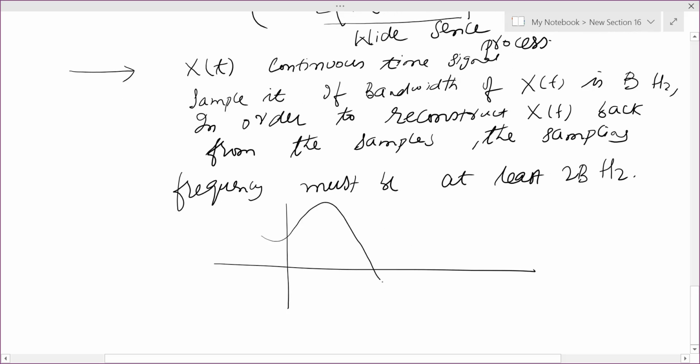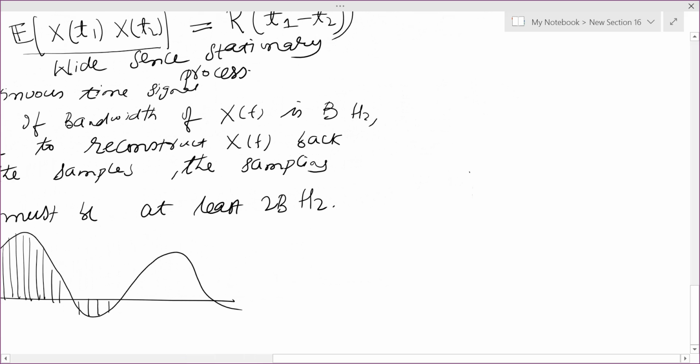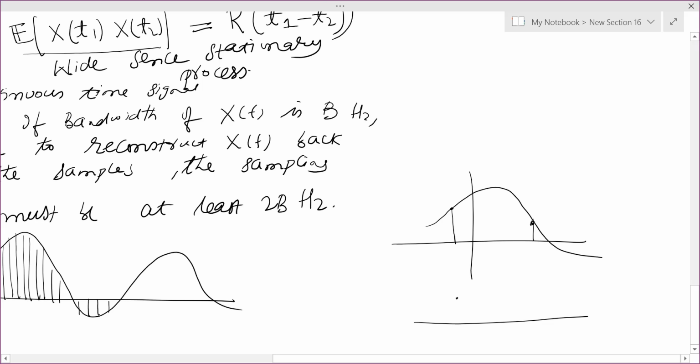See, what does it mean? Suppose x of t is something like this. You want to take samples. Now if you take samples too far away, suppose here is this x of t, I take one sample here, one sample here, then you transmit these two samples, you will get these 2 points. From these 2 points, can we reconstruct the original signal? No. You may join these 2 points, but you can't get it.